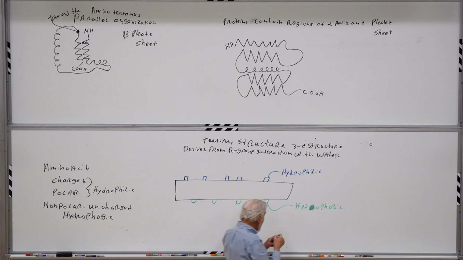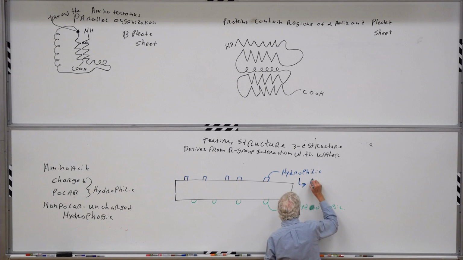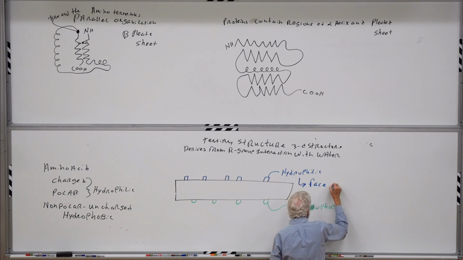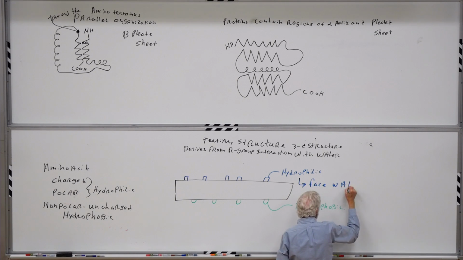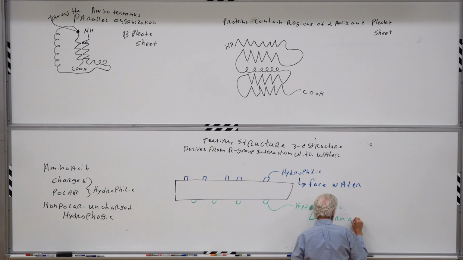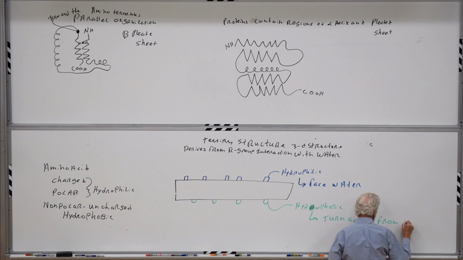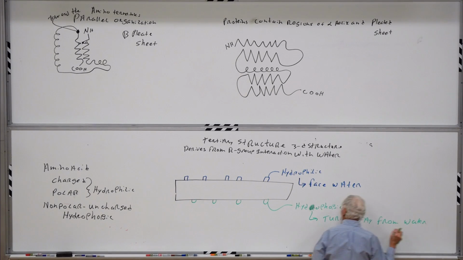Because what we're going to see is that within that amino acid sequence, the hydrophilic amino acids will face the water. And the hydrophobic amino acids will turn away from water and interact with themselves.